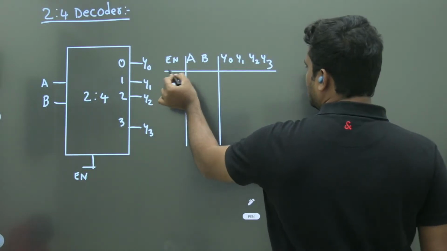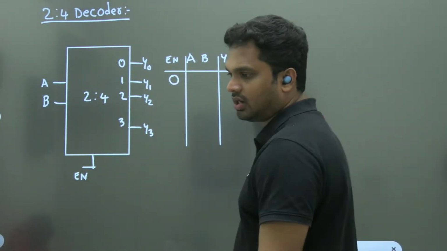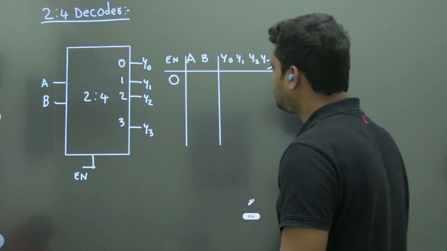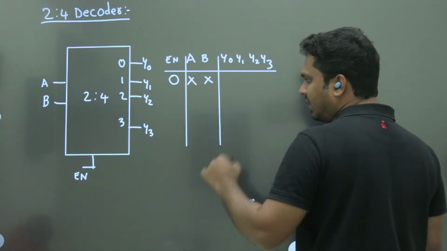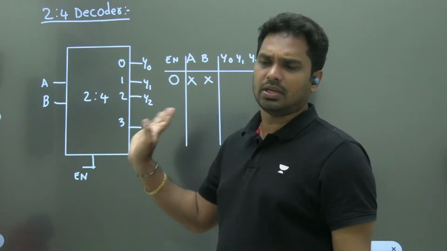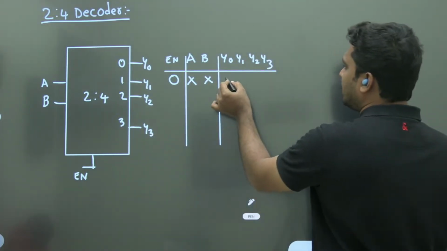When enable is 0, AB can be anything. Whatever you give in AB doesn't matter, all the output lines are zeros.